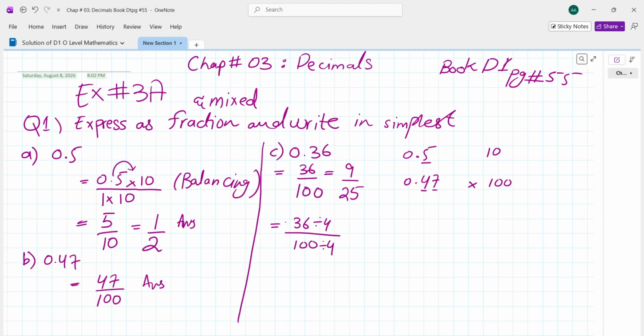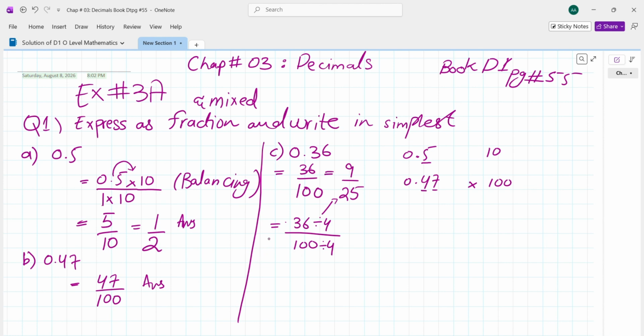When converting the decimal into a fraction we multiply both numerator and denominator; in the same way, to simplify we divide both by the same common number. I hope it is clear. If not, please watch the video at 0.5 or 0.75x speed. So the fraction becomes 9 upon 25.